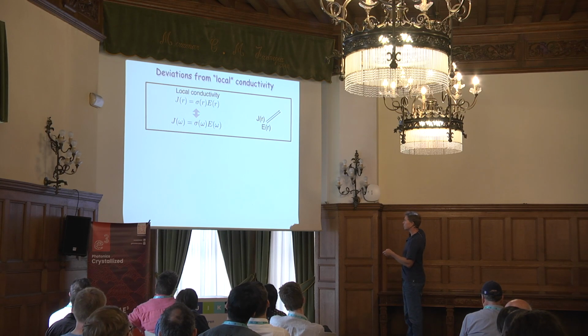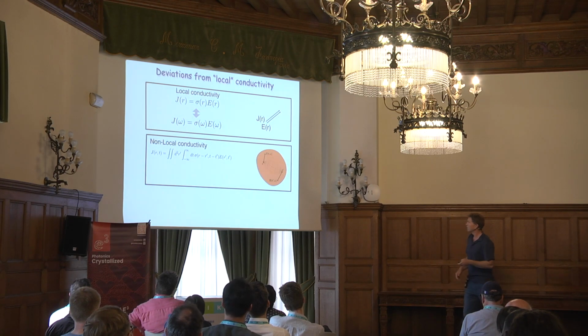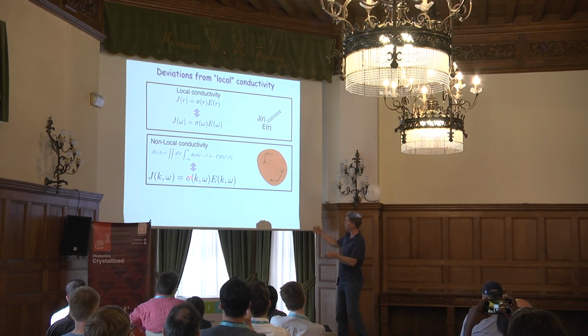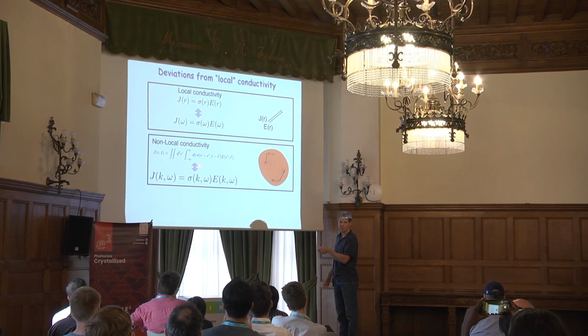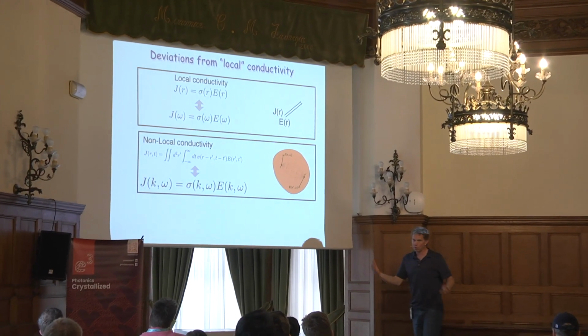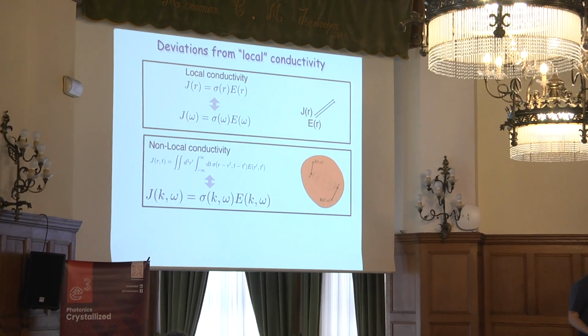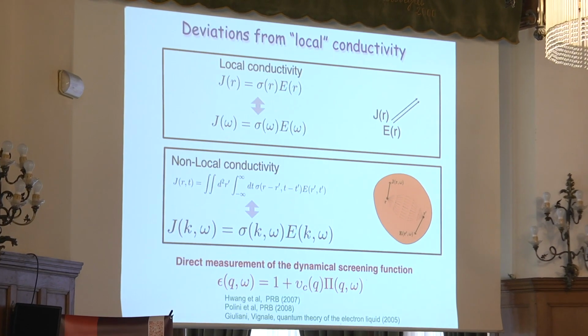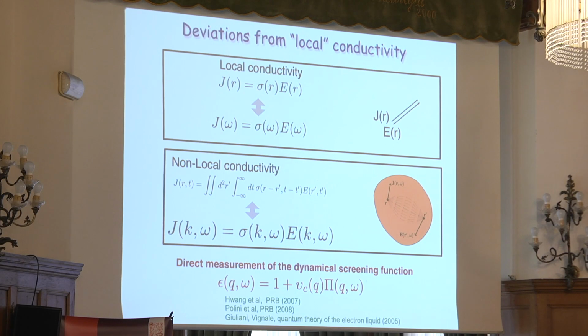Now, it turns out that the non-local conductivity, let's just look in Fourier space, has a momentum dependence. And usually we ignore that. Same thing with permittivity. So usually we ignore the momentum dependence of the permittivity. But it turns out that this is actually quite strong for these terahertz plasmons.